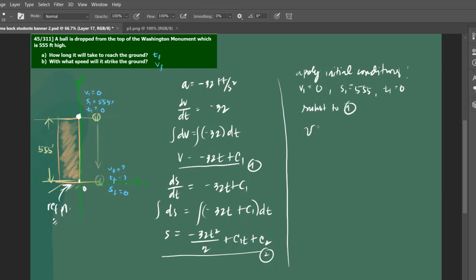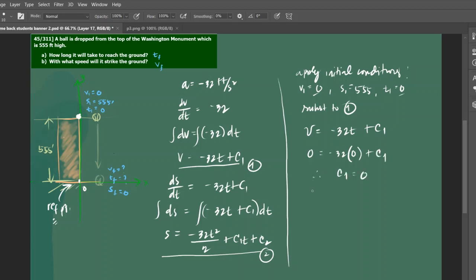So, v is equal to negative 32t plus c sub 1. Velocity is 0. Ay, sorry. Ang time natin ay 0. Velocity is 0, time is 0. Wala naman palang height, displacement variable dito, plus c sub 1. Therefore, c sub 1 is 0.